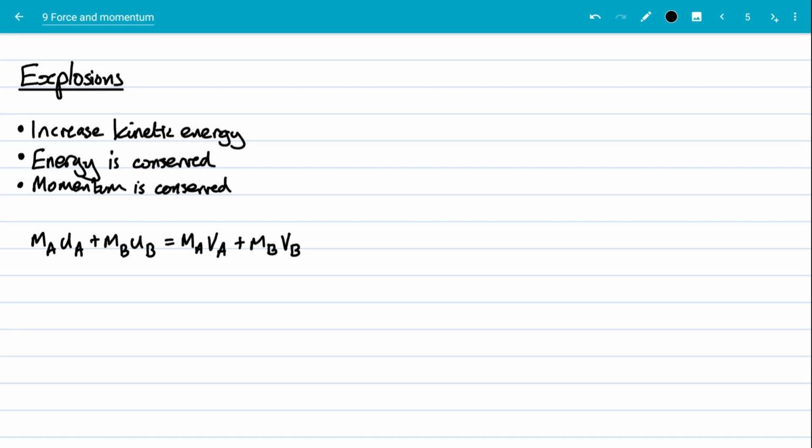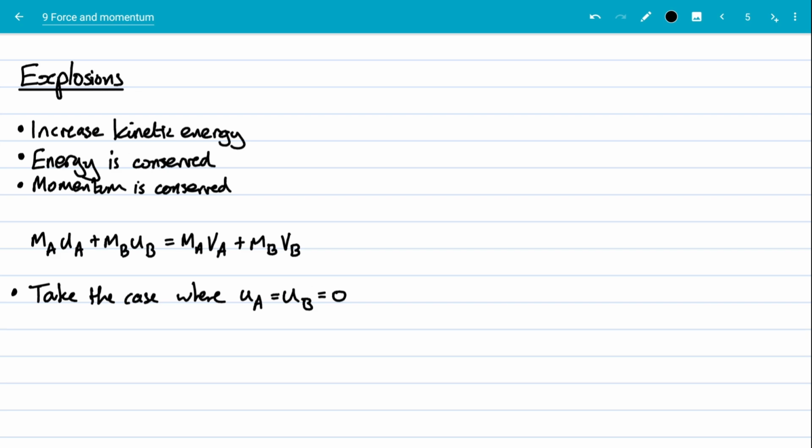But let's take the simplest case, where the initial velocity of both parts is 0.